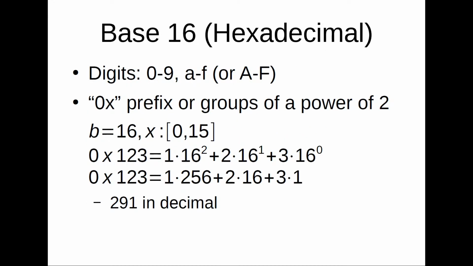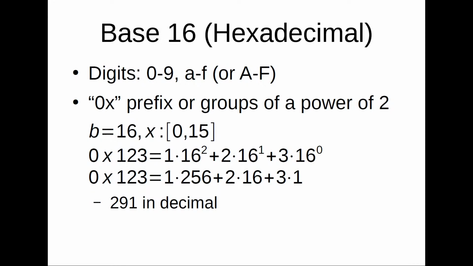And another common base is hexadecimal or base 16. The digits used are 0 to 9 and A to F. It can be either lowercase or uppercase. It generally doesn't matter. And you'll see a 0x prefix, and sometimes it'll just be in groups of a power of 2. So you'll see groups of 2 digits or 4 digits or 8 digits, generally not more in normal applications. And each digit has a value 0 to 15.